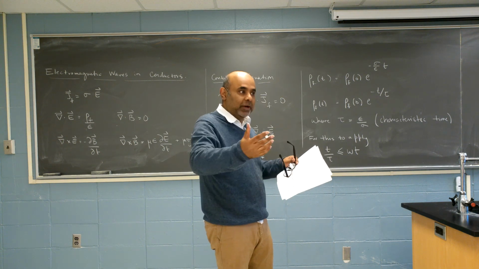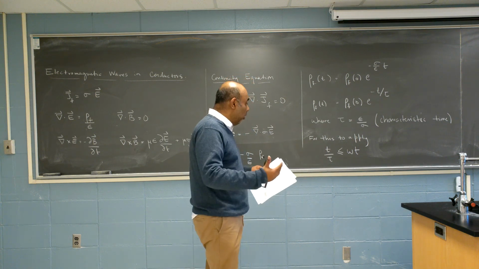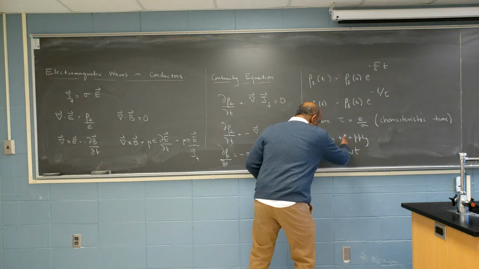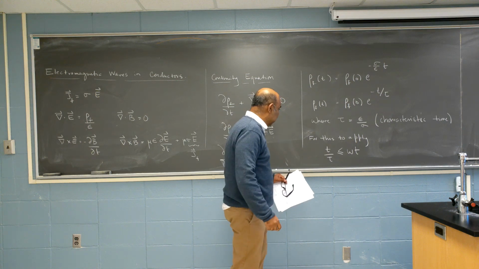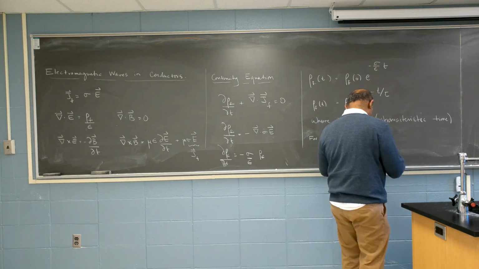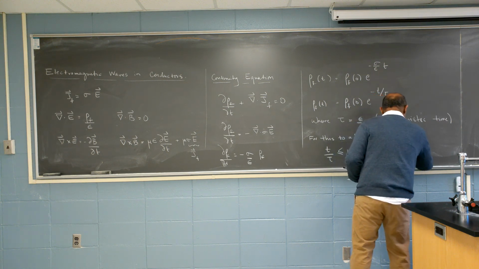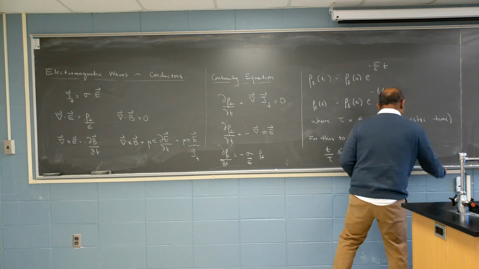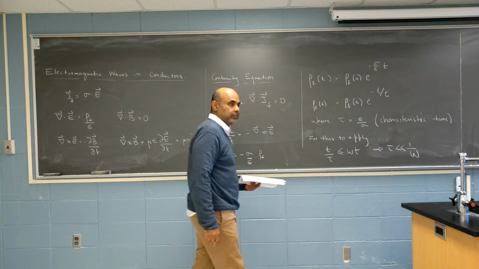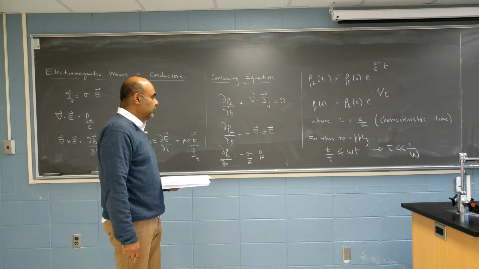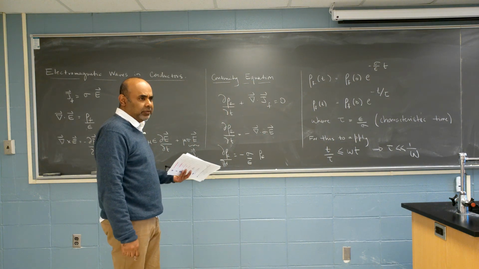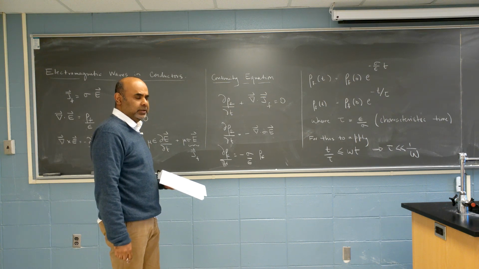So you get like a Fourier spectrum, so to speak. But all of those omegas have to sort of satisfy this general condition, which then translates to tau is less than 1 over omega. If this is not the case, well, we have to look at other ways of doing this.